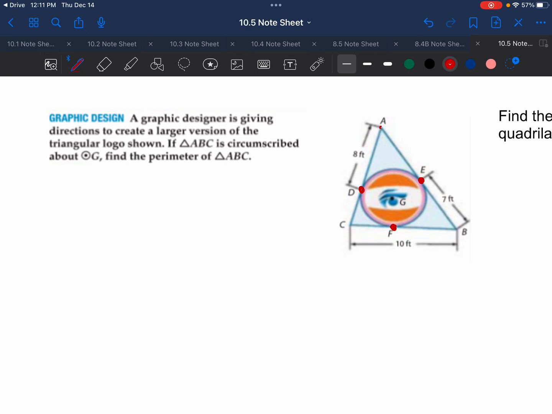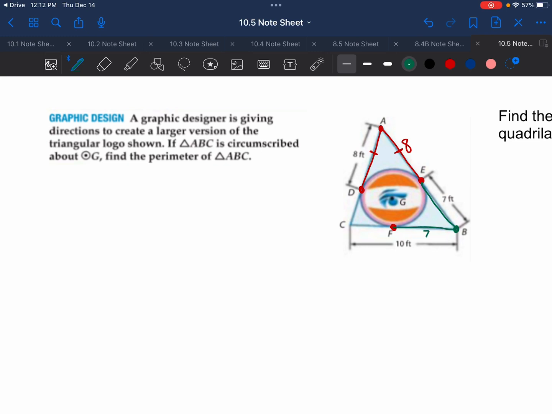So let's start with A. Endpoint A shares these 2 segments. So if AD is 8 feet, well then AE is congruent, it is also 8 feet. Then if we use the exterior point B, BE is 7, so that means BF is also 7.